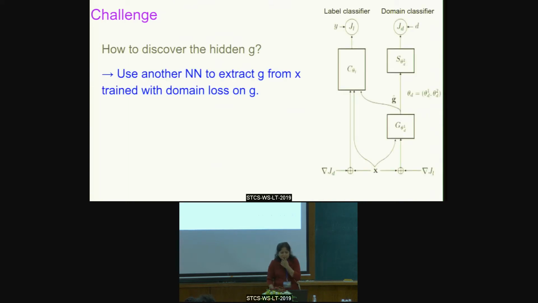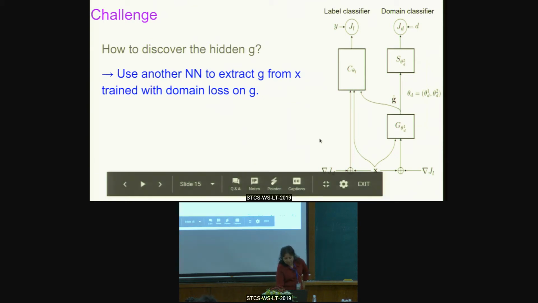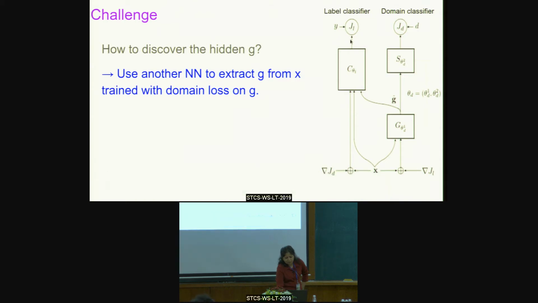Here we have a method which we call the CrossGrad method, and here is the architecture that we follow. You have an X, and from the X, this left part of the network is your standard classifier, which we denote as C theta1.